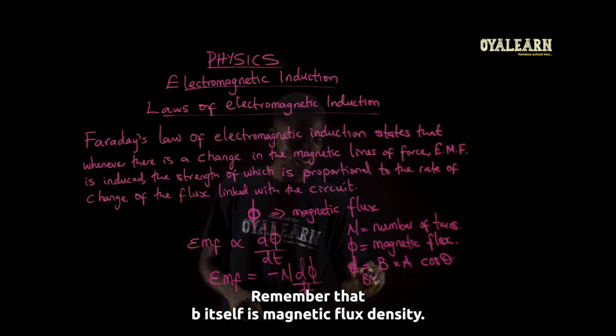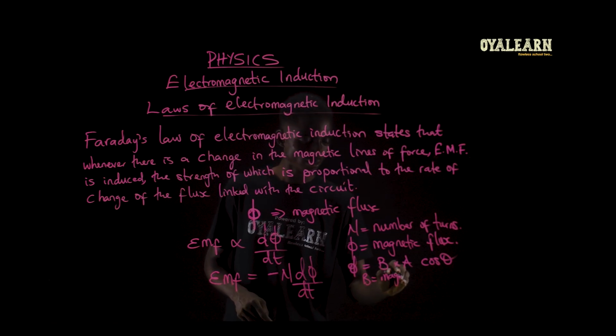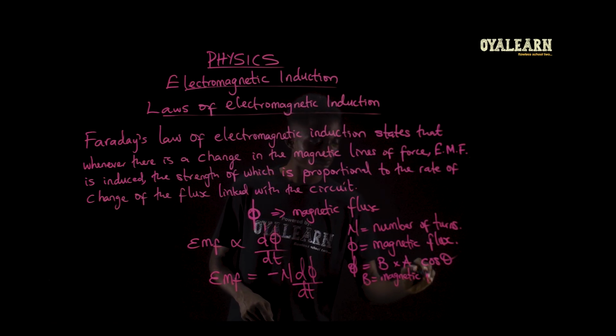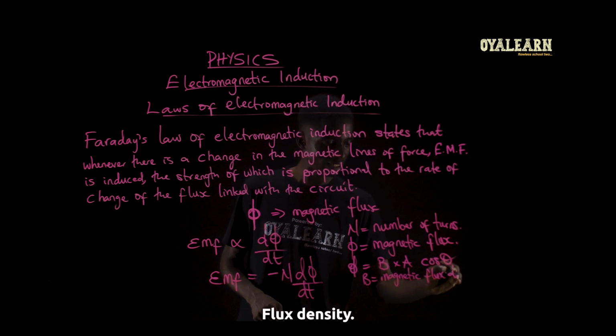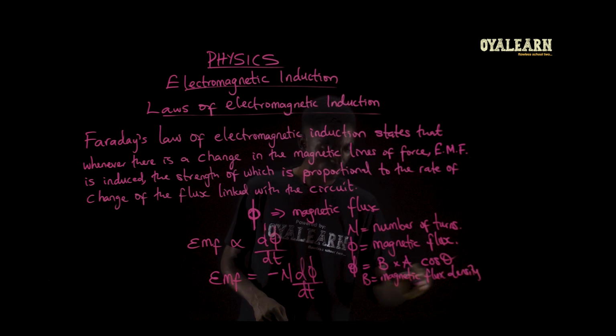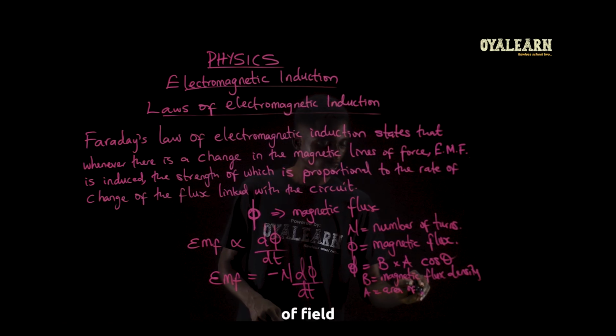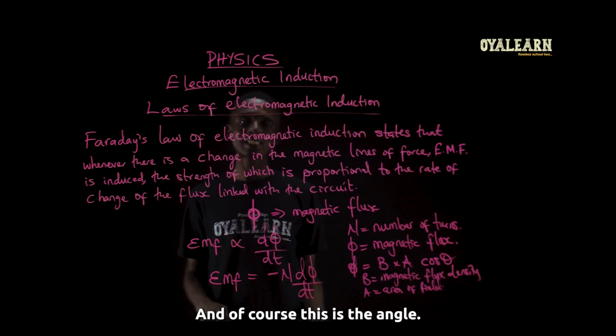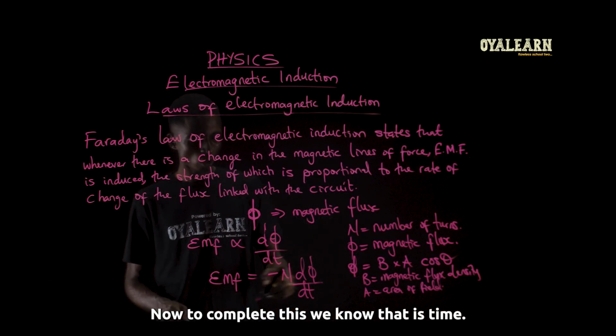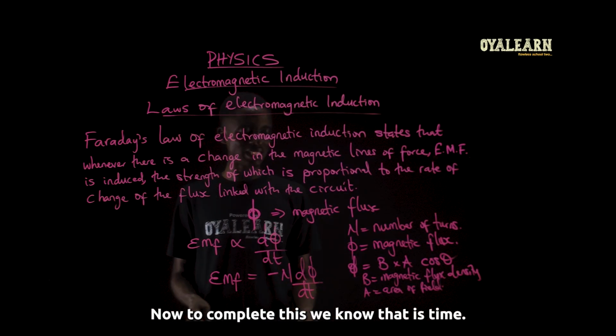Remember that B itself is magnetic flux density. A is the area of the field. And of course theta is the angle. Now, to complete this, we know that t here is time.